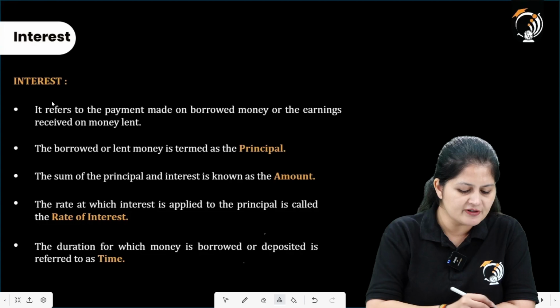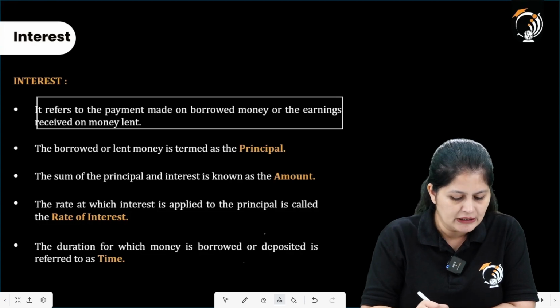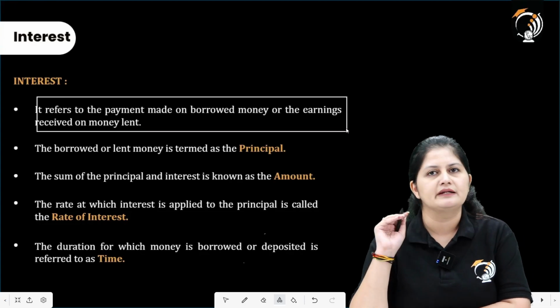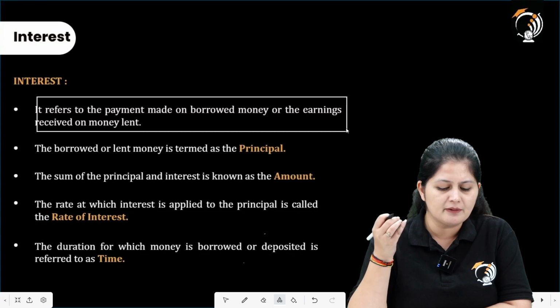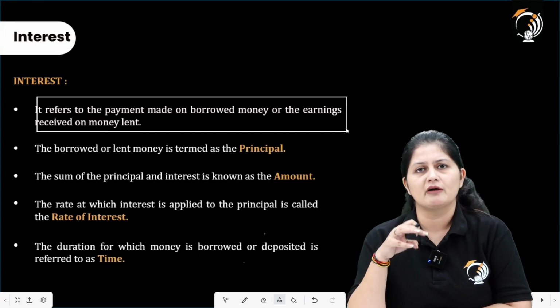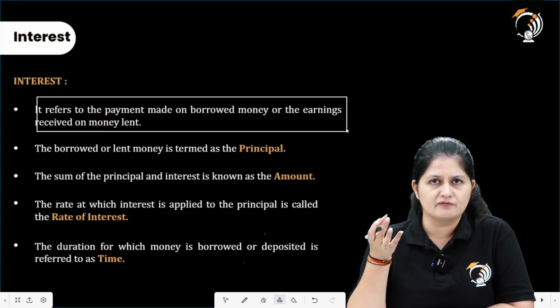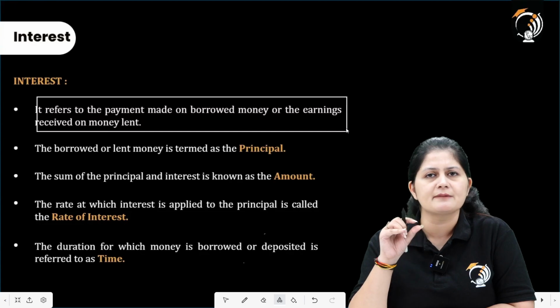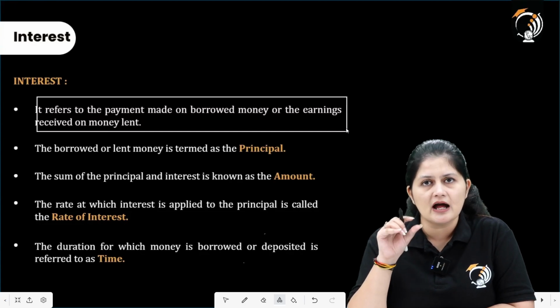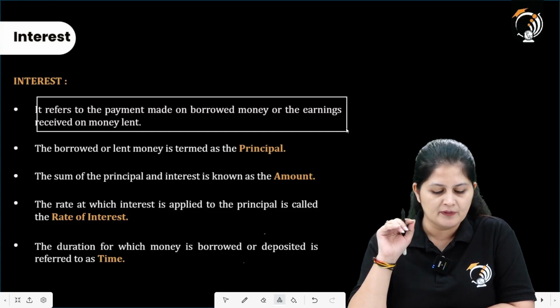Interest refers to the payment made on borrowed money or the earnings received on money lent, right? Let's say you have borrowed $1,000 from someone. When you return that money, you will be paying something extra. That extra amount is known as the interest, okay?